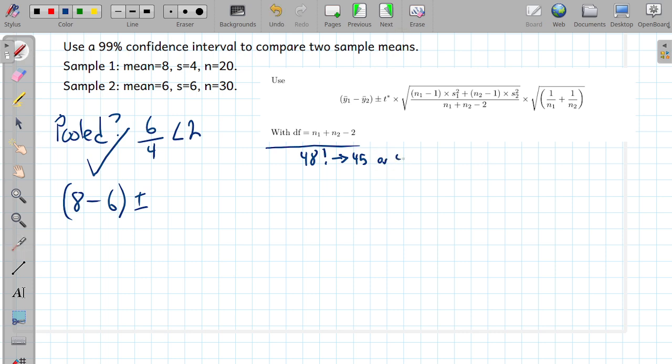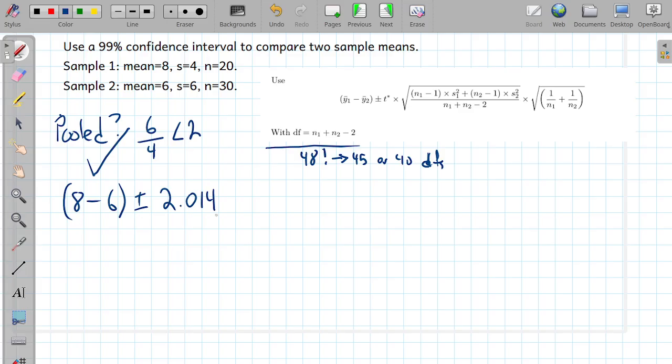This is dependent on what your table has. So for us, we're going to use the 45, and that is 2.014. That's the critical number.